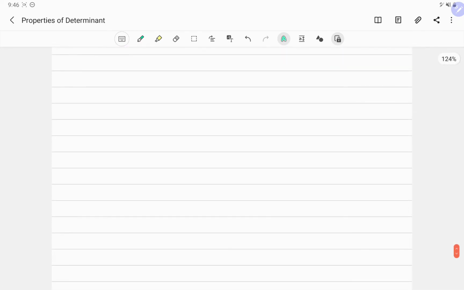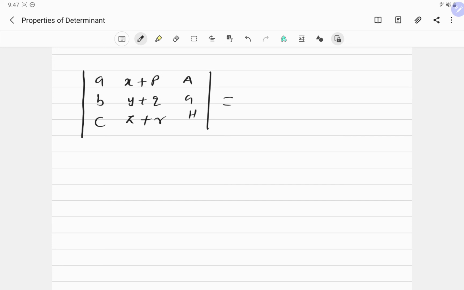Same rule you can apply for a column too. Let's understand the same property with the column. So let's say this is ABC, and here in the second column it is expressed as X plus P, Y plus Q and Z plus R, and here I am keeping this AGH as it is. Now if you observe the second column, which is expressed as a sum of two elements, then you can split this kind of determinant into two separate determinants.